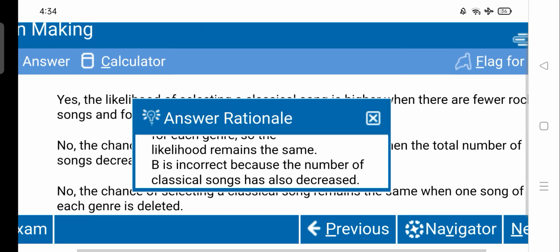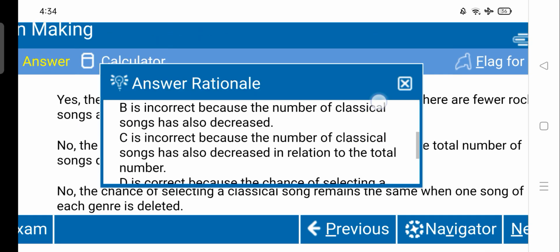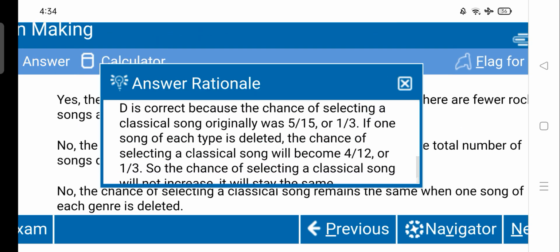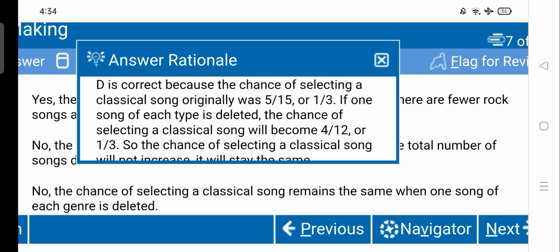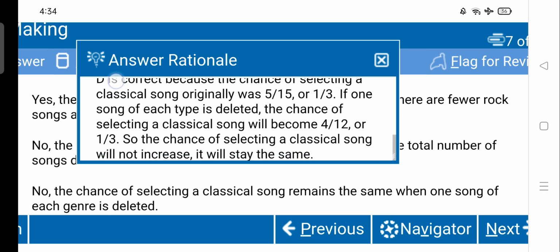Option D is correct because the chance of selecting a classical song originally was 5 by 15 or 1 by 3. So if one song of each type is deleted, the chance of selecting a classical song will become 4 by 12 or 1 by 3.